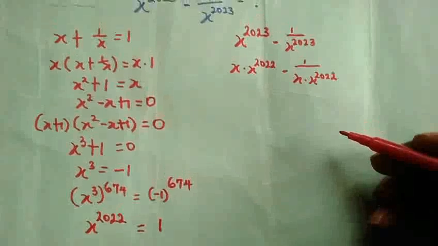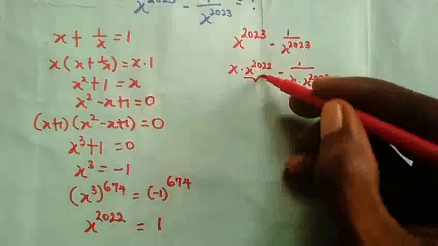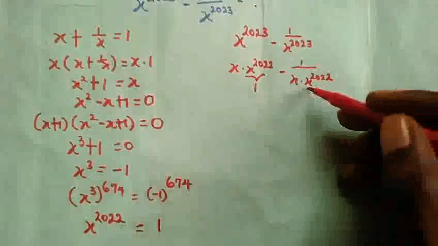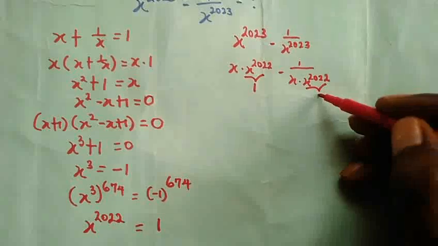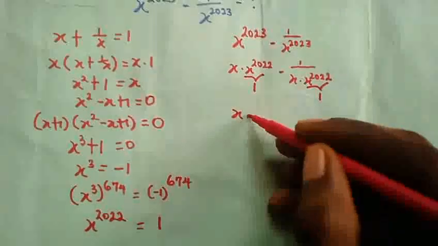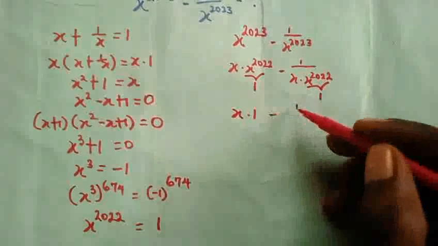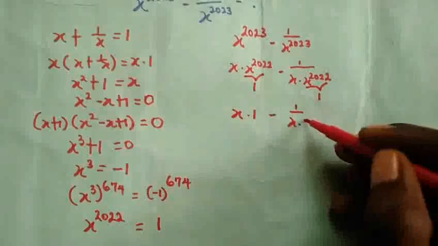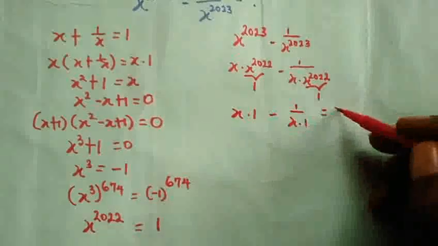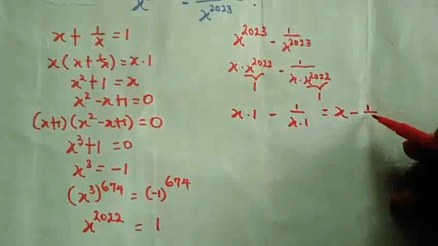So we're going to make a substitution here. Instead of writing x raised to 2022, we write it as 1. So we have x times 1 minus 1 all over x times 1, and this simplifies to what? x minus 1 all over x.